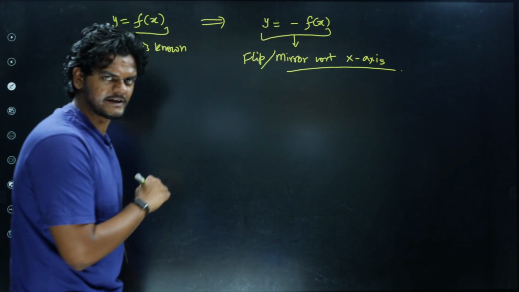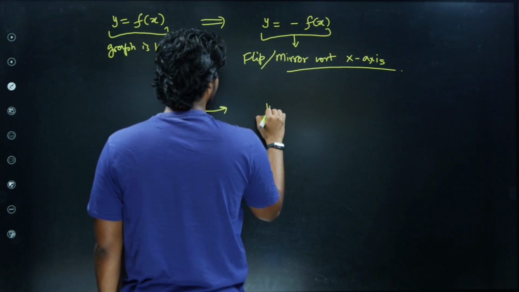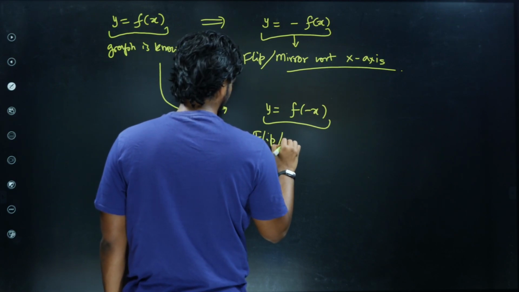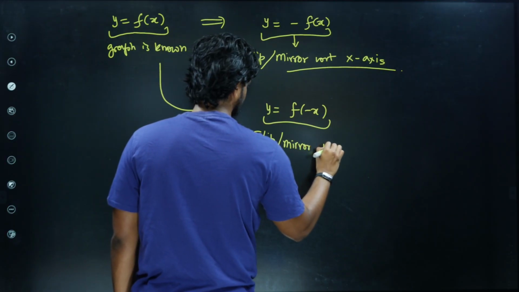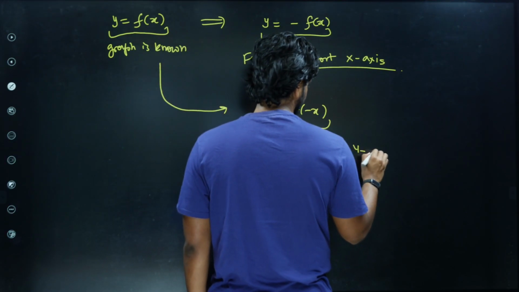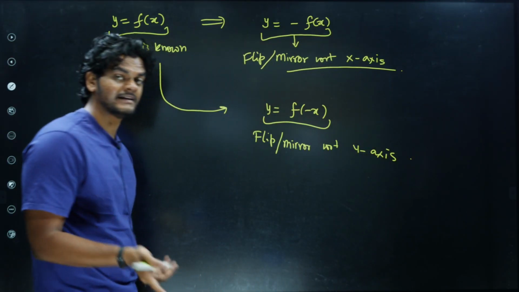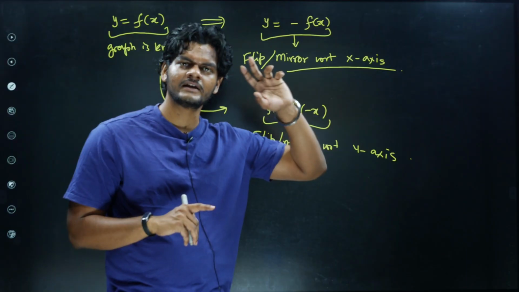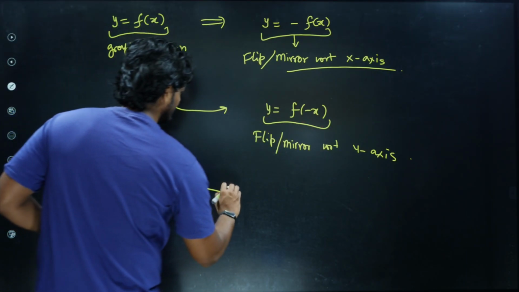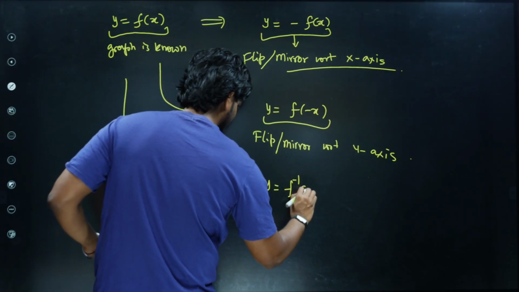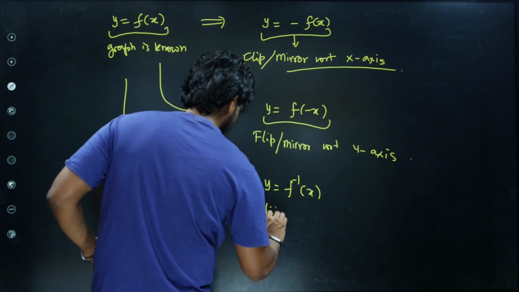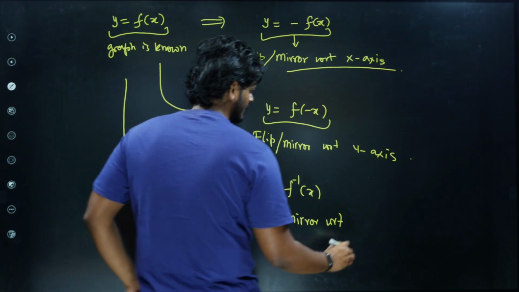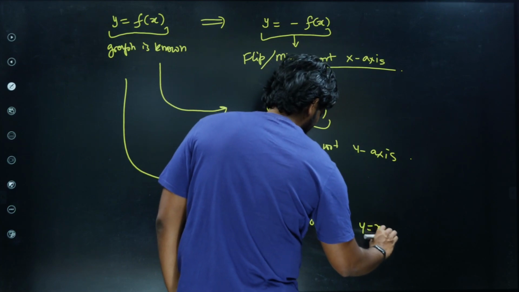You remember previously, if this is known, then y is equal to f of minus x will be a flip or mirror with respect to the y-axis. And in the previous video on inverse trigonometric functions, we also saw that y is equal to f inverse of x is a mirroring with respect to the y equal to x line.